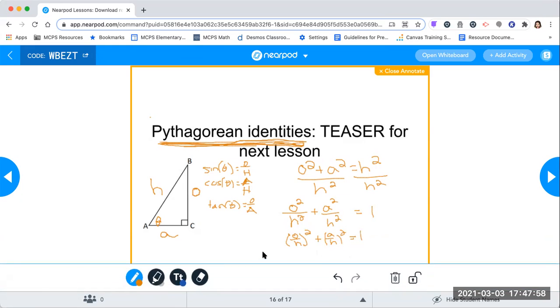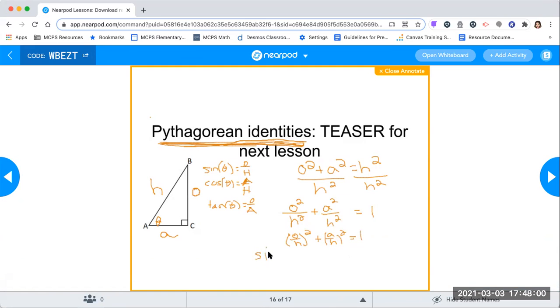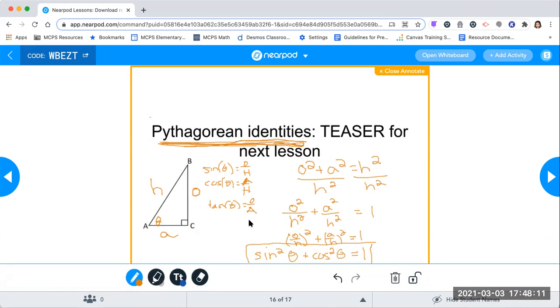So this is actually telling us that the square of the sine plus the square of the cosine is equal to 1. So this is actually one of our Pythagorean identities that we're going to use as we transition to Unit 3, Topic 3, trig expressions and equations, which is going to be super fun and challenging, and I hope that you love it.